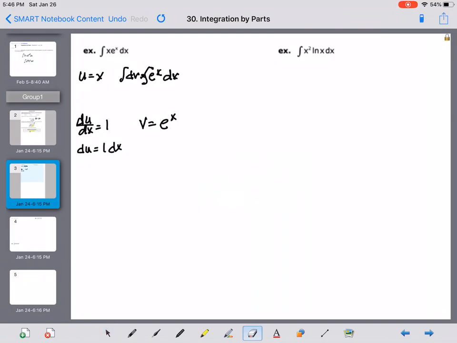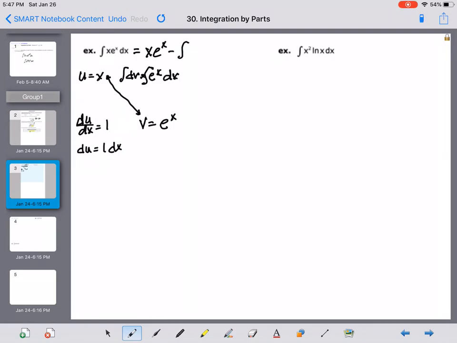So to set up our formula, if we set it up like this every time, where we put u equals and dv equals like that, we start right here to start filling in our formula, because our formula is u times v. So we're going to come this way. So u times v, we can separate this as x e to the x minus the integral, and this is just from the formula.